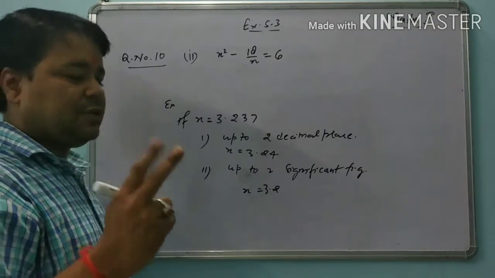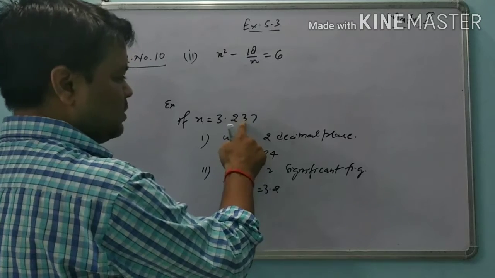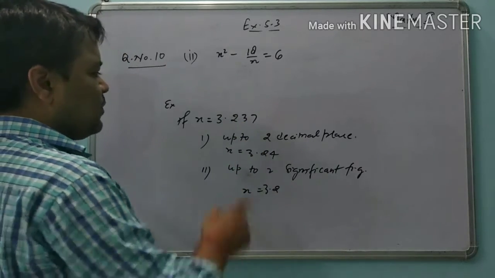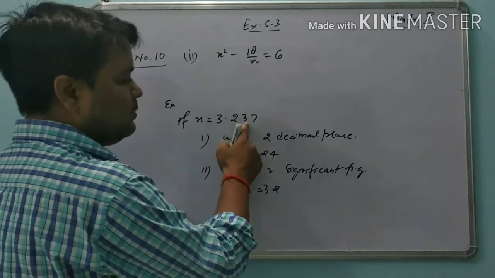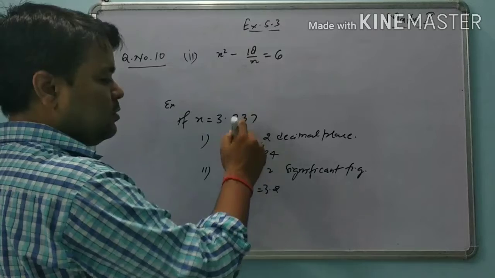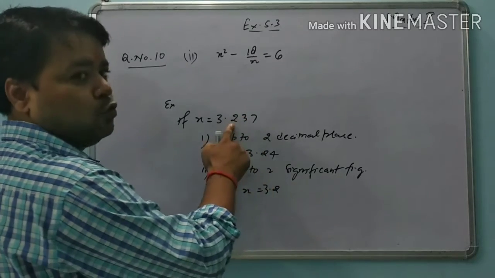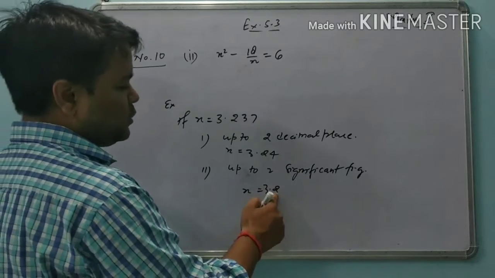Up to two significant figures means 3 and 2, two significant digits. Two decimal places means two places after the point, while two significant figures means 3, 2 counted from the first digit. The next digit is 3, which is less than 5, so there is no change in 2. Up to two significant figures, its value will be 3.2.